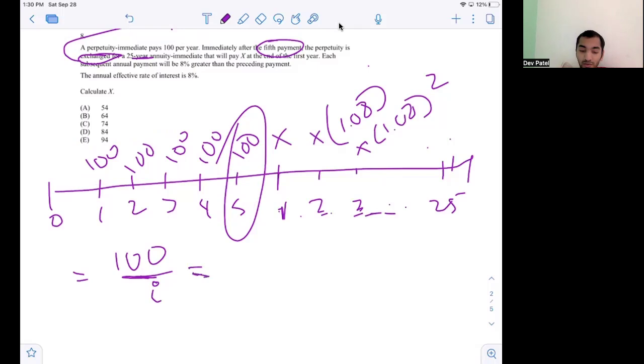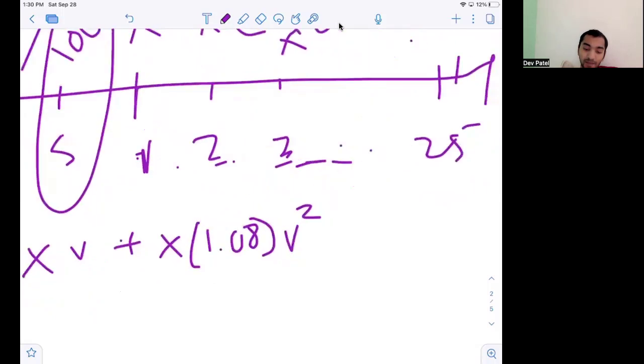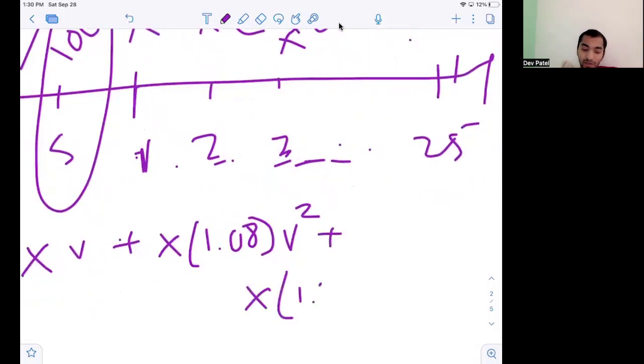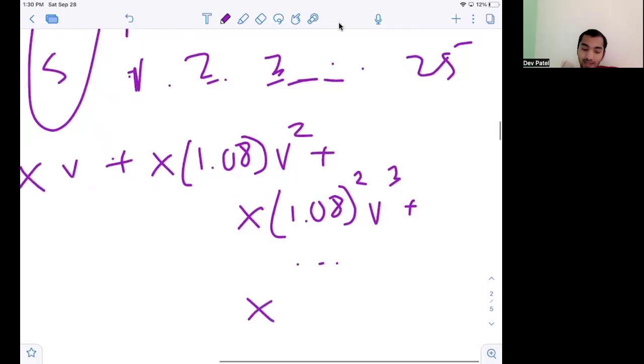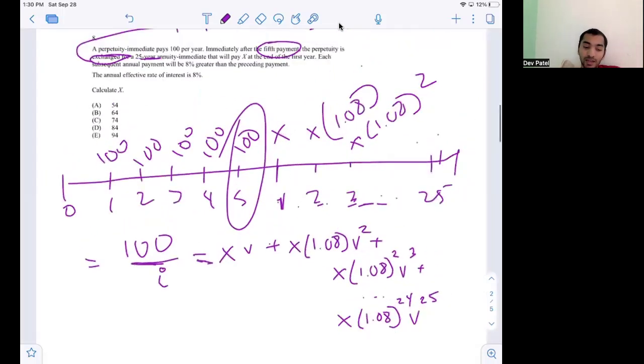We can do X v, if we discount it, plus X times 1.08 v squared, plus X times 1.08 squared v cubed, all the way until we get to X times 1.08 to the 24 v to the 25, because it's for 25 years. One of the things you will notice is that the interest rate is equivalent to the increase in the payment amount at each subsequent payment.